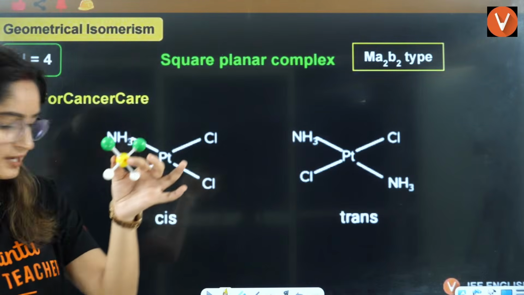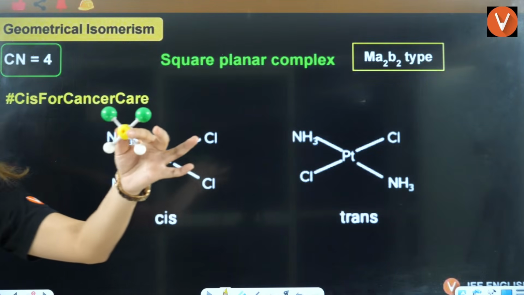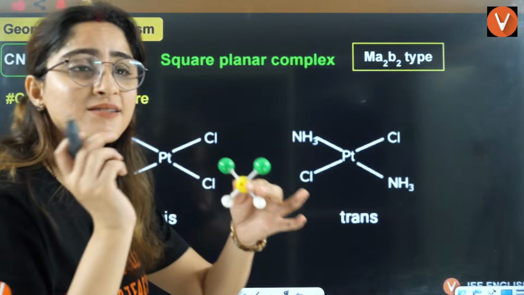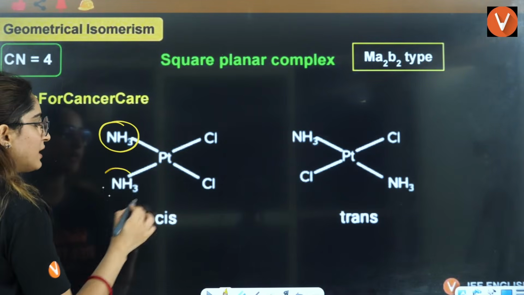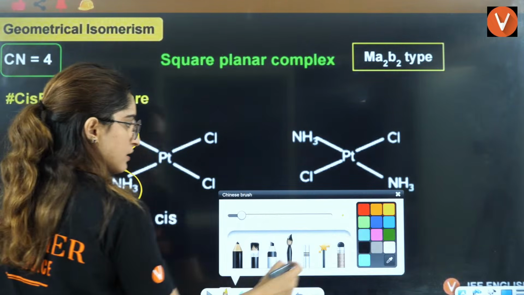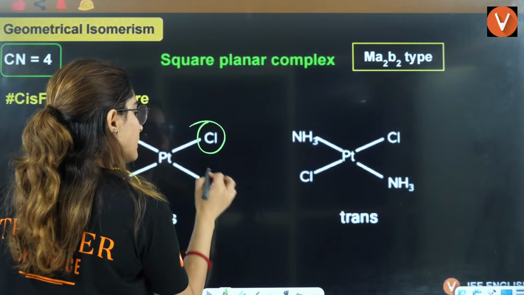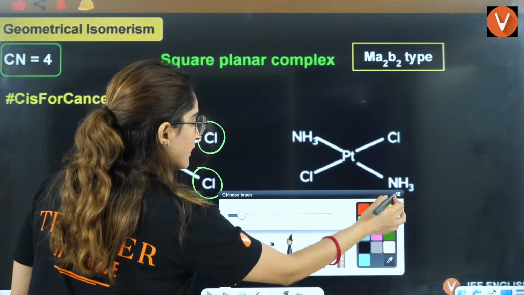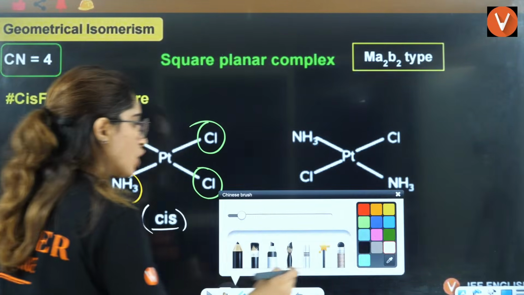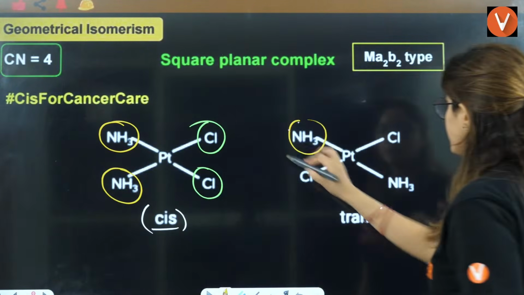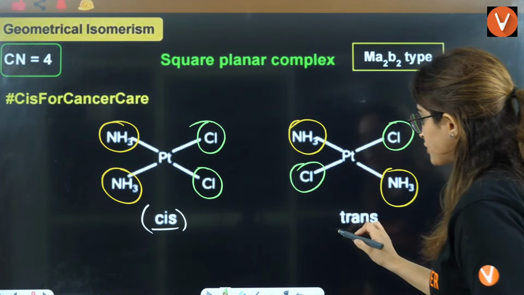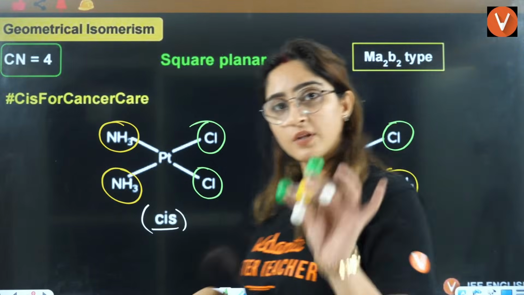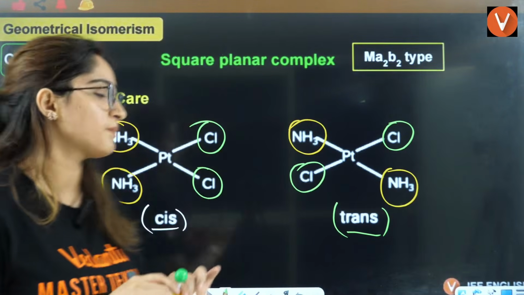So this is a structure where you have cis. Two same ligands on the same side, that is cis. Two same ligands opposite, that is called trans. Here it is possible, right?